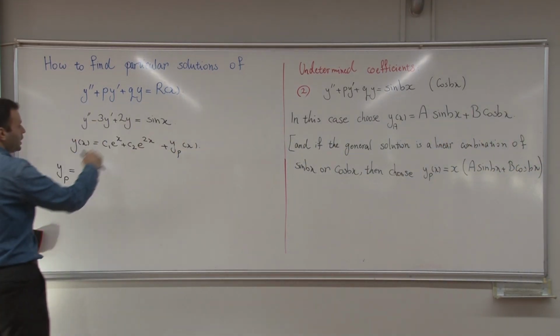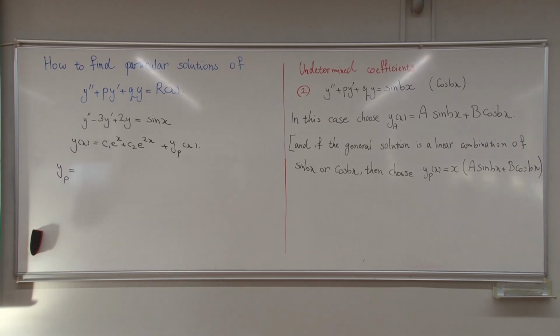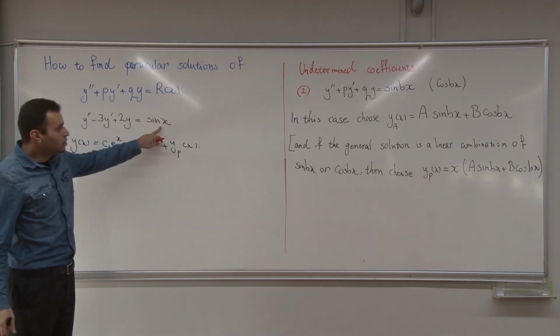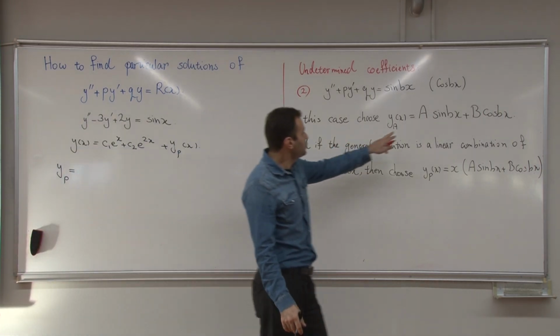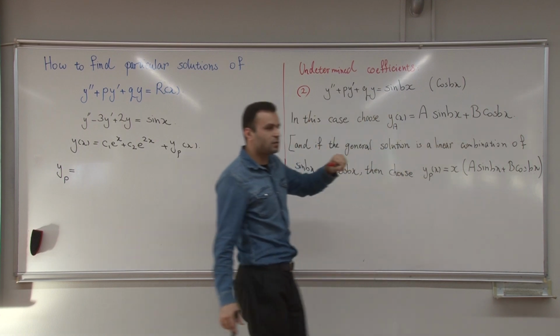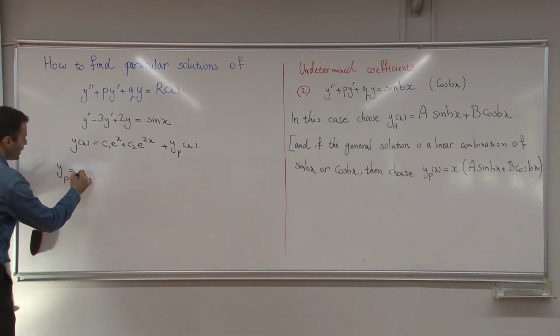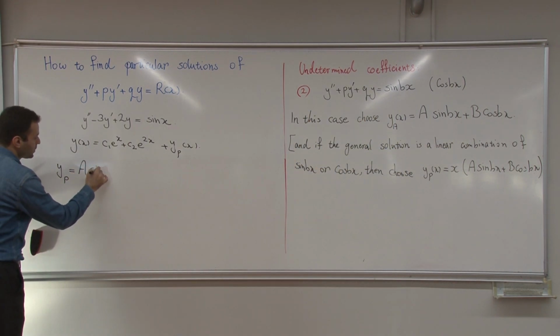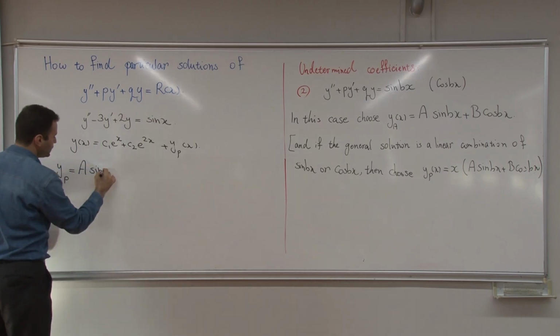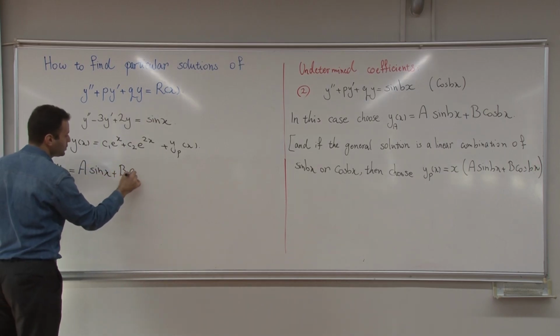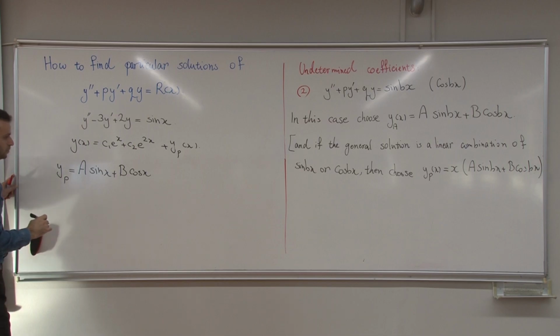In this case, what should I do? Since I have a trigonometric function, I need to write my particular solution in this form. So I need to write this as a times sine of x plus b times cosine of x. Okay? What is the derivative of this one?